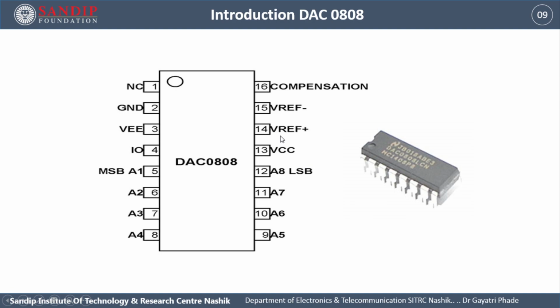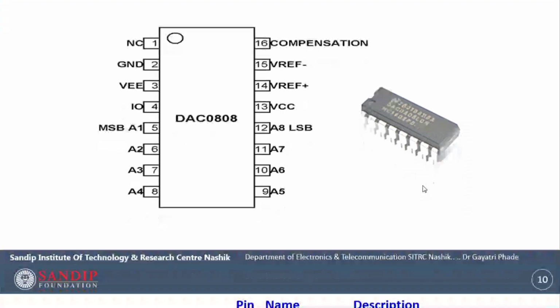13 is VCC, 14 is V reference plus. This is important pin for us as output of the DAC, that is analog voltage, depends on this V reference plus that we have seen in the previous formula. This is V reference minus and the compensation. Here is the chip that looks like actual when we will be developing our actual circuit.